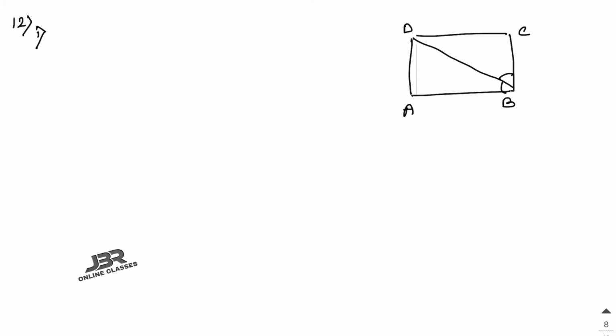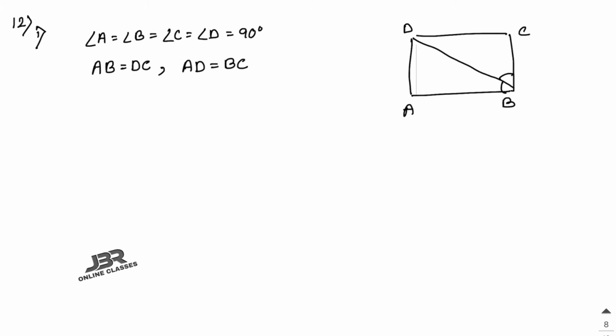So opposite sides of a rectangle are equal, and each angle is equal to 90 degrees. Okay, you know that. So angle A, angle B, angle C and angle D are each equal to 90 degrees, and AB is equal to DC and AD is equal to BC.